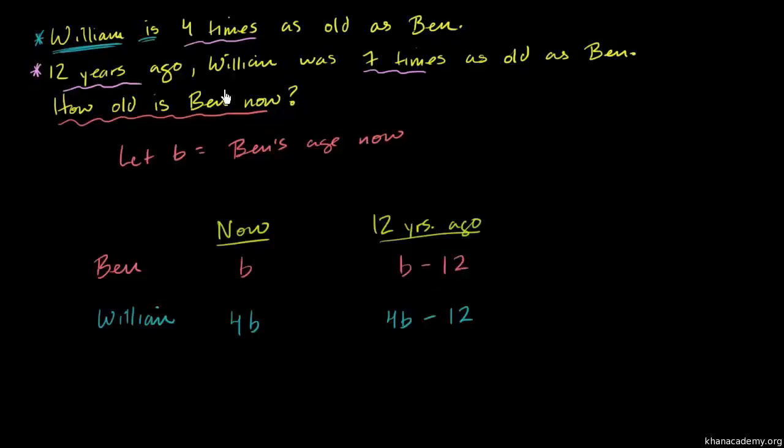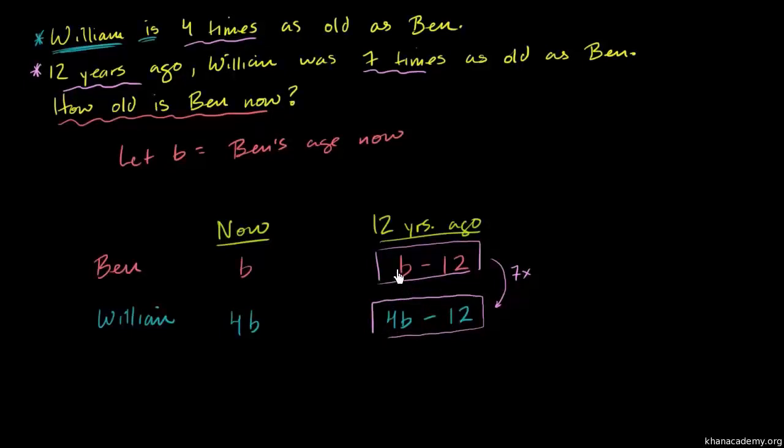12 years ago, William was 7 times as old as Ben. So 12 years ago, this number is going to be 7 times this number. Or another way to think about it, take this number and multiply it by 7, and you're going to get this number. 12 years ago, Ben's age is 1/7 of William's age, or William's age is 7 times Ben's age.